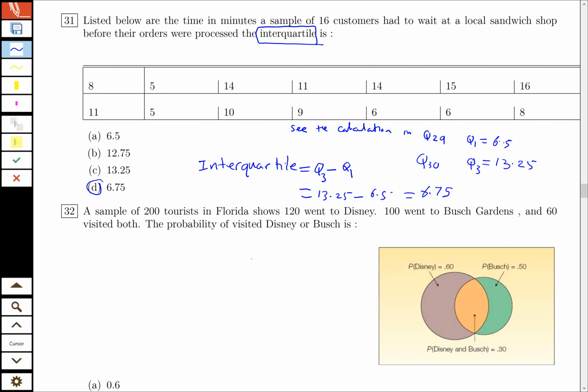For probability, we have certain rules that we have to know, and I will go through each one when we discuss the questions. Here it says a sample of 200, so the number of people is 200.